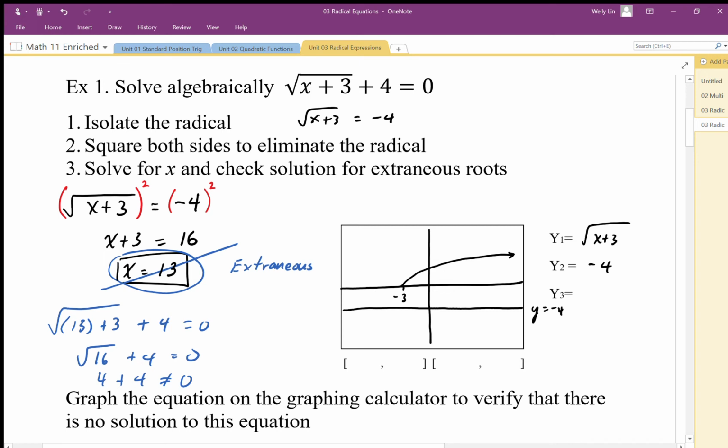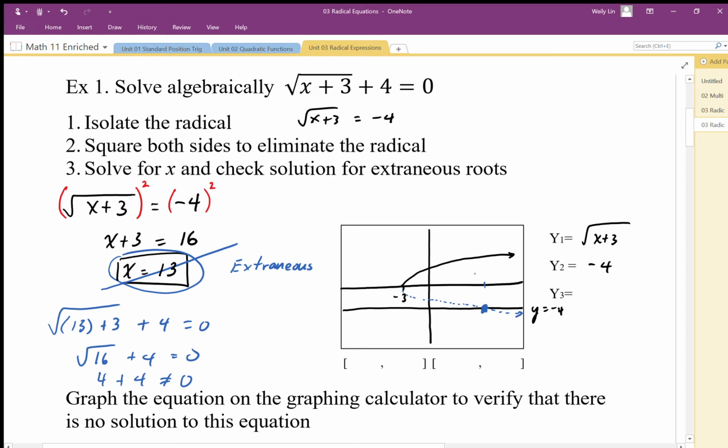Okay, so when we square something, what we're doing is we're actually squaring both sides of the square root. So undoing the square root with a square introduces the other half of the parabola. Okay, so this is what the squaring is going to do. And in fact, that other half of the parabola will intersect that line y equals negative 4.